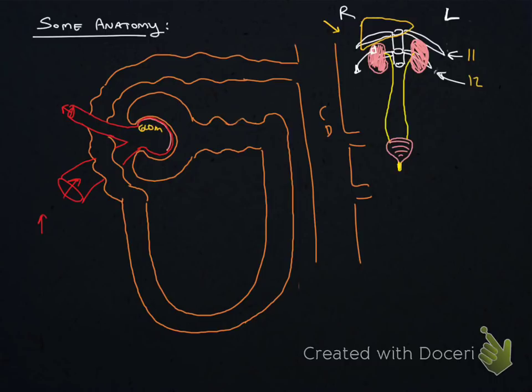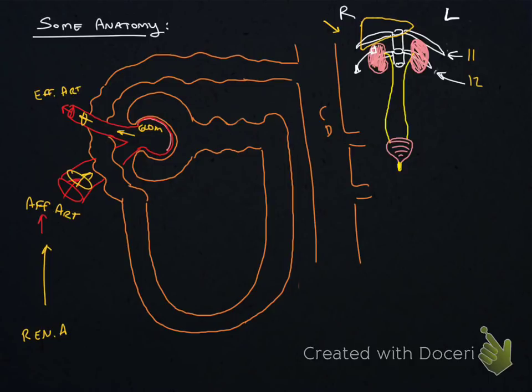So blood coming into the nephron, if we start off, it's coming from the renal artery, and it's going to make its way to the afferent arteriole, which has a wider diameter, going into the capillary system, which is the glomerulus, which is made of fenestrated capillaries, and then it comes back out this way through the efferent arteriole. It has a smaller diameter than the afferent arteriole.